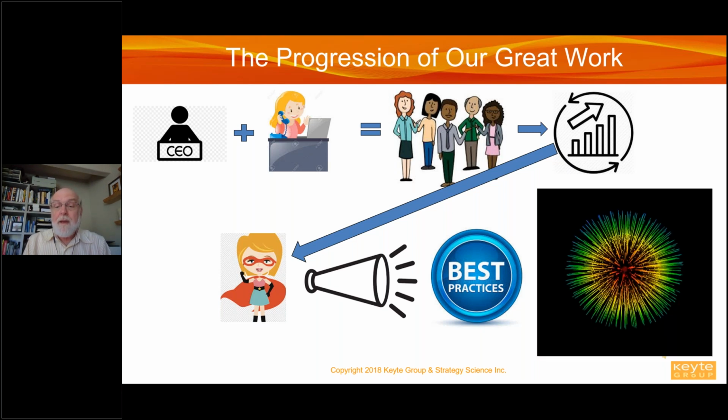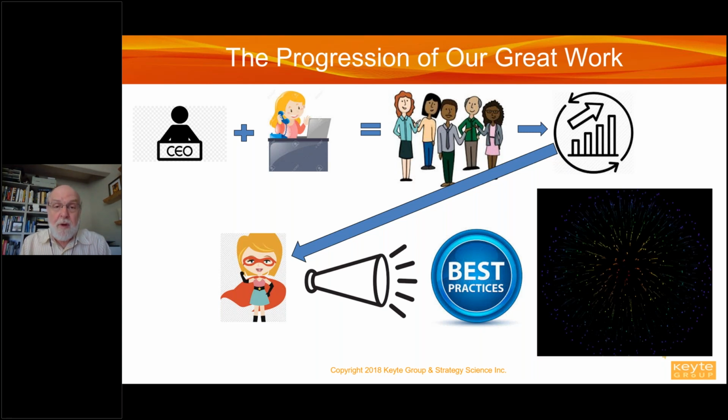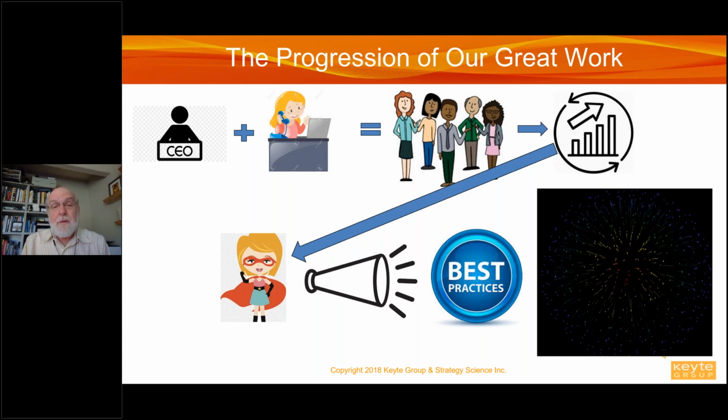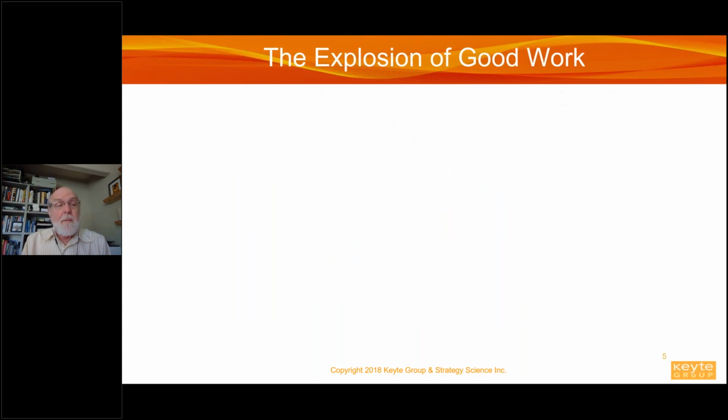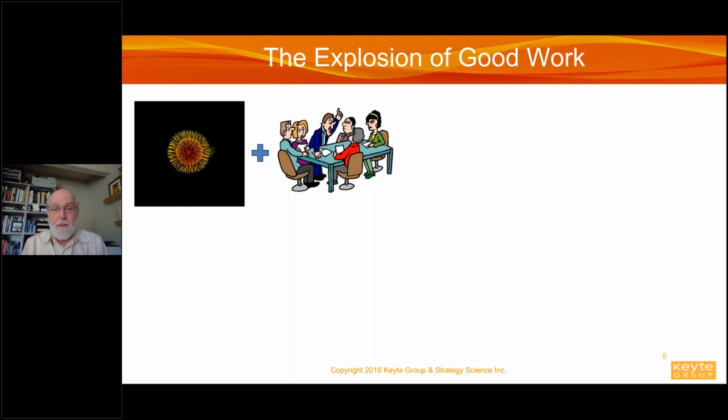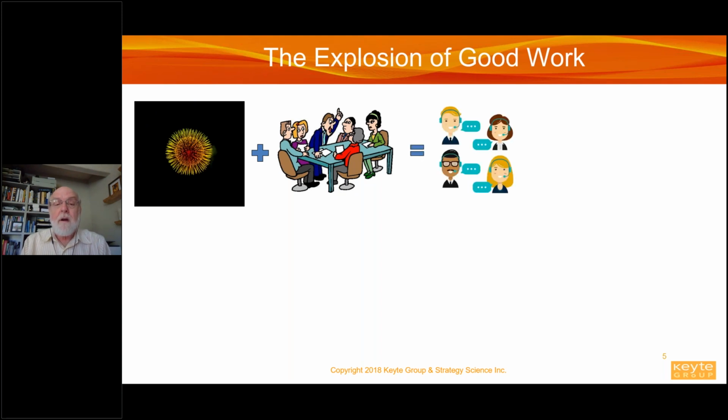It really is great. In fact, it's time to celebrate. We always have a celebration at the end of a great engagement. But that also creates more demand, because that celebration leads to lots of people talking about, hey, look at the good work you've done. We have some issues too, and maybe we need your help. And all of a sudden, there are lots of phone calls coming in.